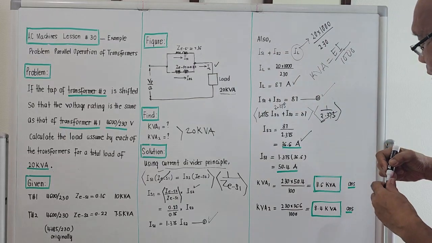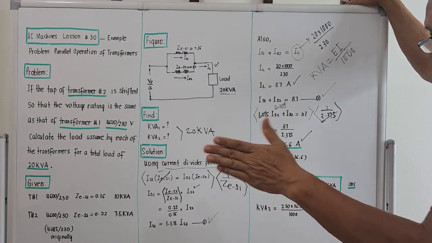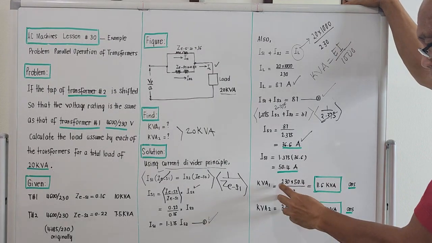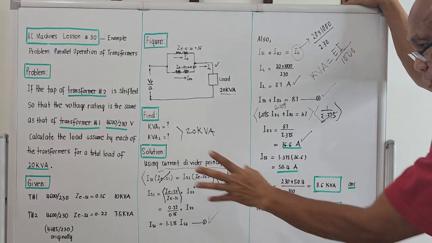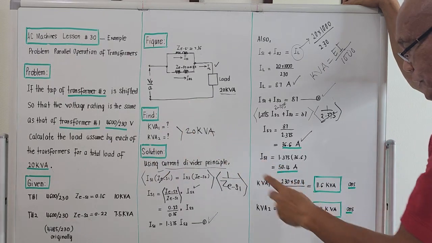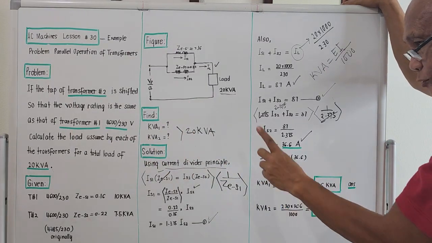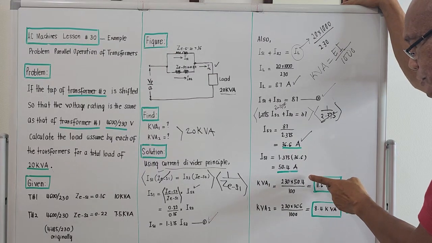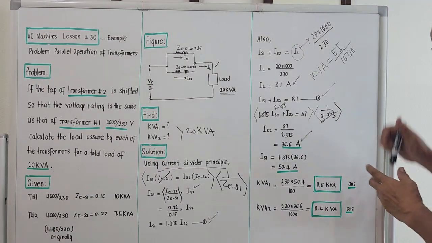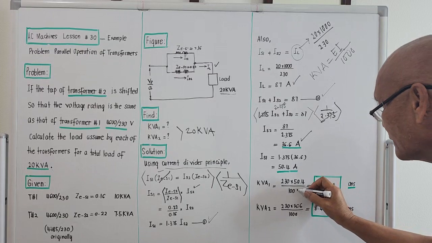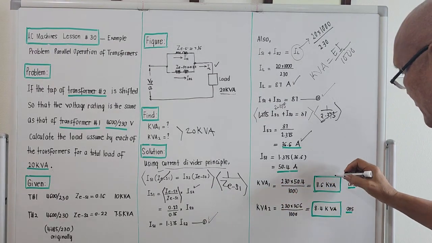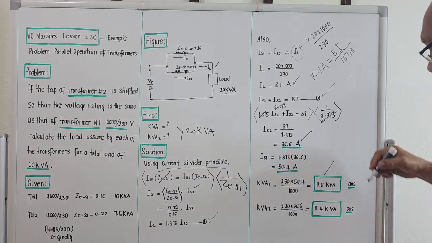So for kVA, the apparent power carried by transformer number 1, it will be H voltage, 230. Their secondary voltages are the same to be 230. The total current carried by transformer number 1 is actually 50.4. This is over 1000, for it to be kVA, and it will be 11.6 kVA.